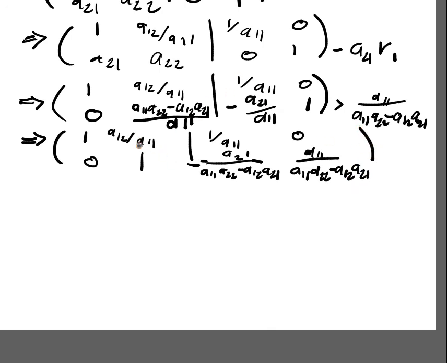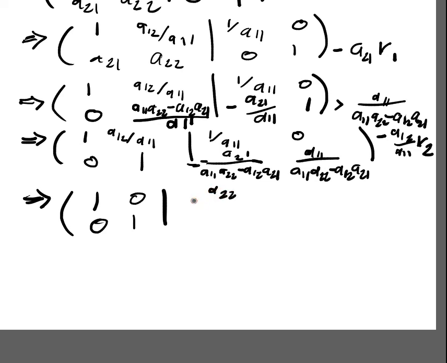Finally, we have to subtract off A12 over A11 times row 2 from the first row. And what do we get? Well, we get the identity over here. And what we'll get here is actually going to be A22 over this interesting number, A11 A22 minus A12 A21.